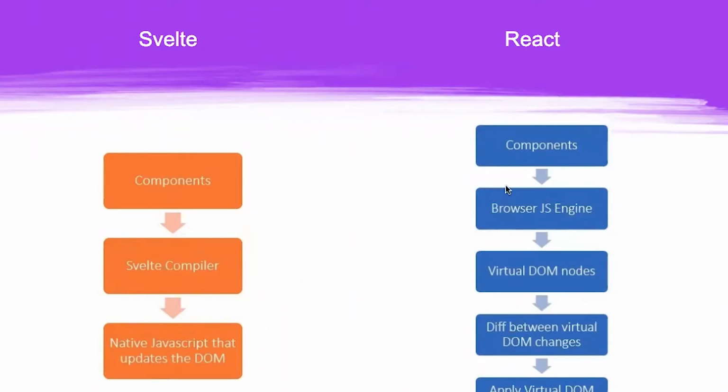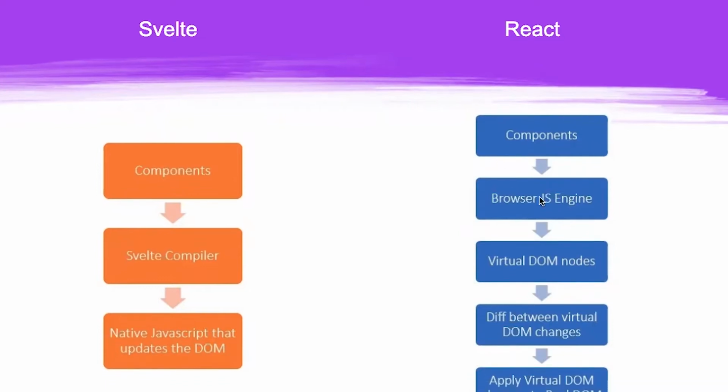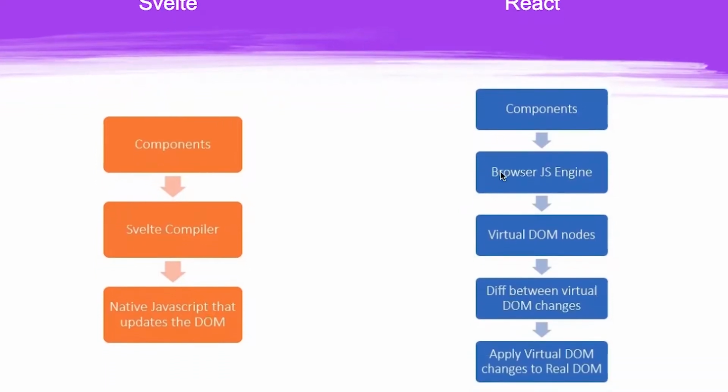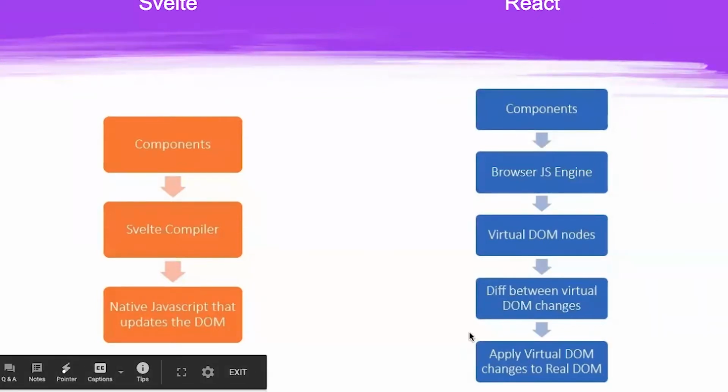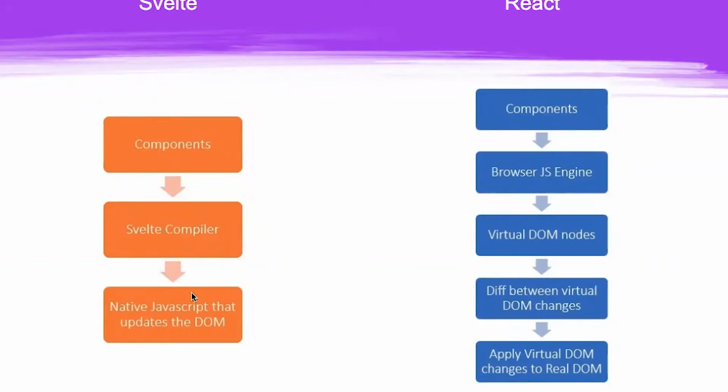Compare this with React. We have the components, and we have the JavaScript engine that has to compile these components at runtime. Then we have the virtual DOM nodes and the difference between the DOM changes and the virtual DOM changes, and then we apply the changes to the real DOM. So this is how the process works when we have a virtual DOM. And here we are just using vanilla JavaScript to update the DOM.